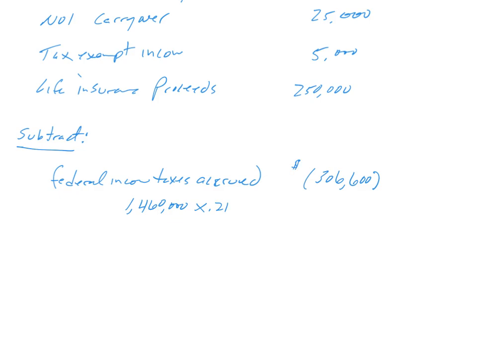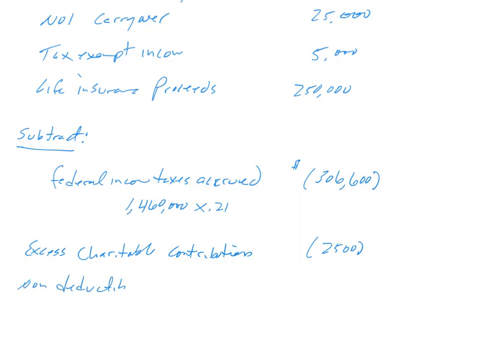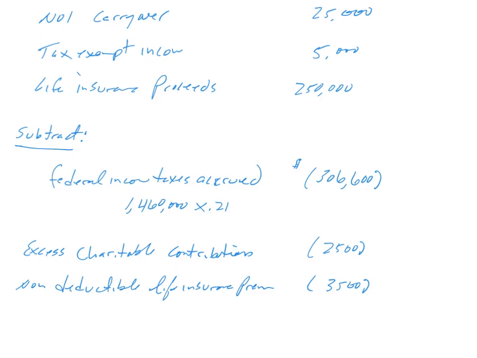Then we had our excess charitable contribution. That was $2,500. We had life insurance premium that was not deductible. And what was that? That was $3,500. All right.